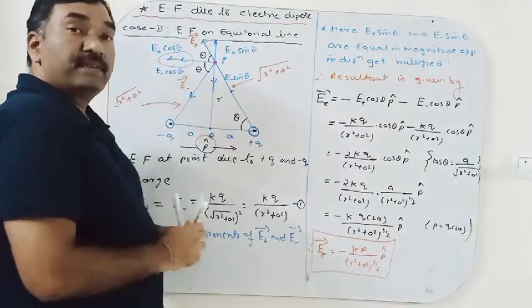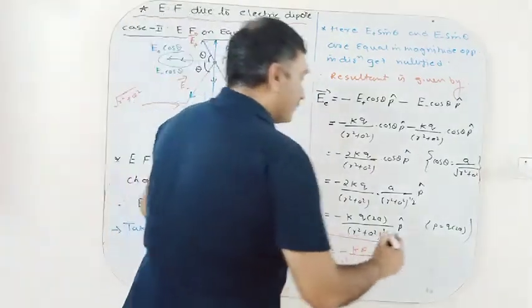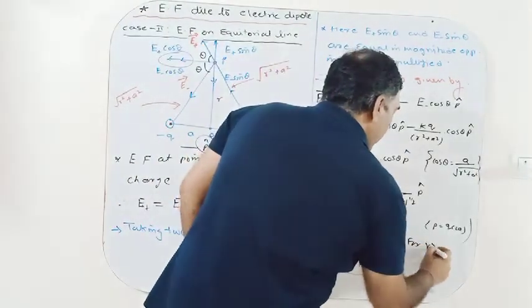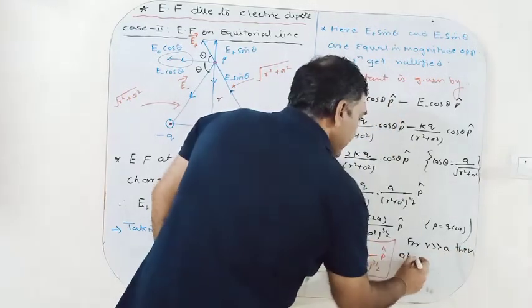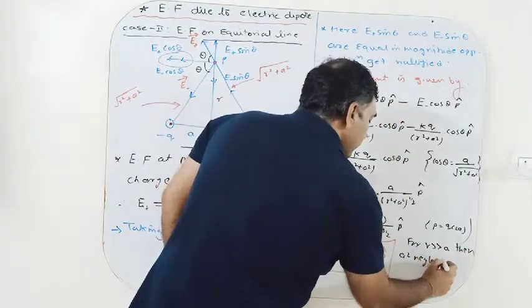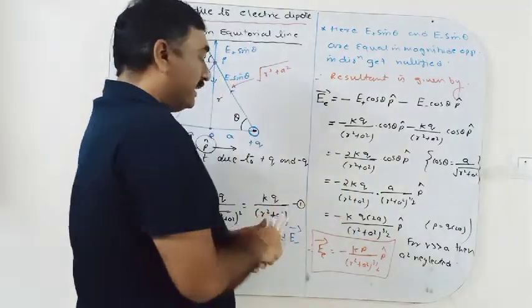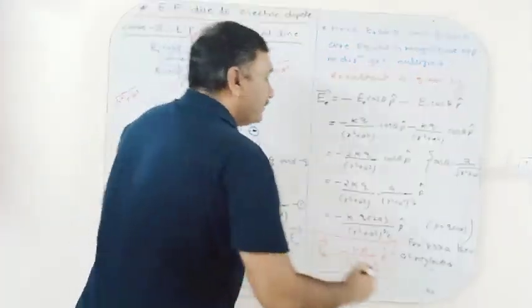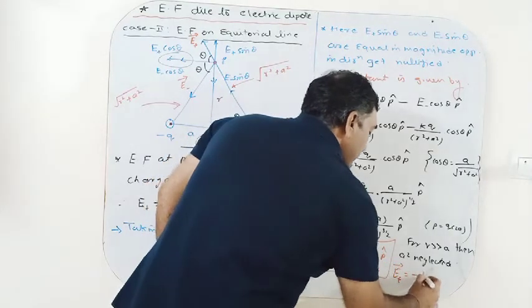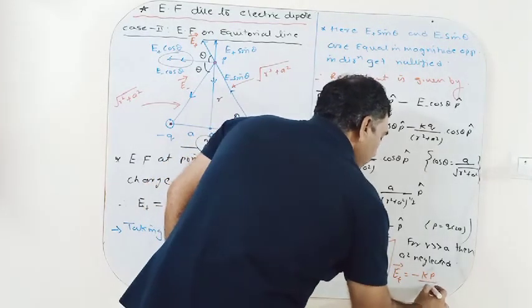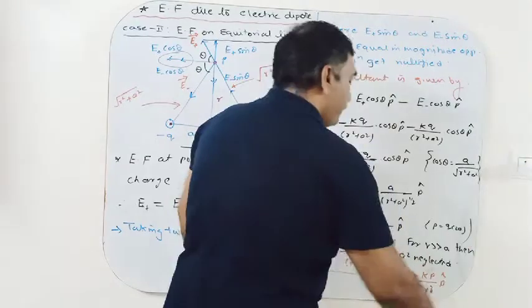And when r is very much greater than a, then a square is neglected. So at that time we get the electric field on the equatorial line as minus kp upon r cube with the direction of p.